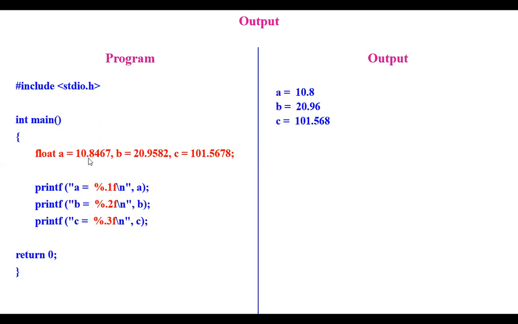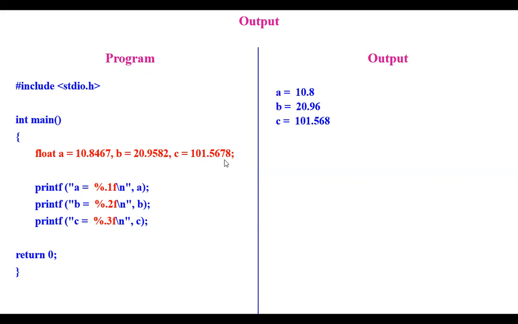We want 2 digits, that's why this becomes 20.96. The 8 is removed, and because 8 is bigger than 5, this becomes 6. So 20.96 has come here.